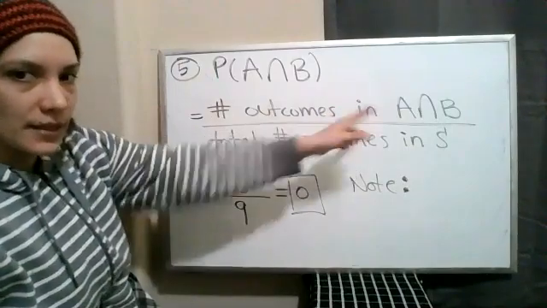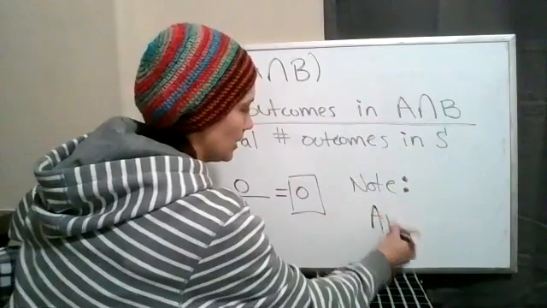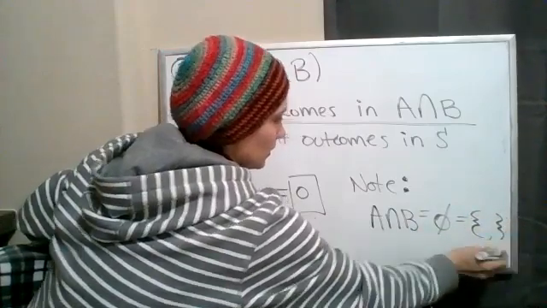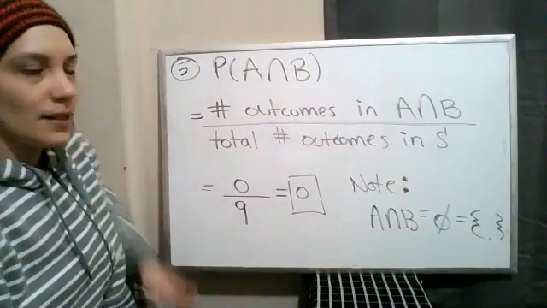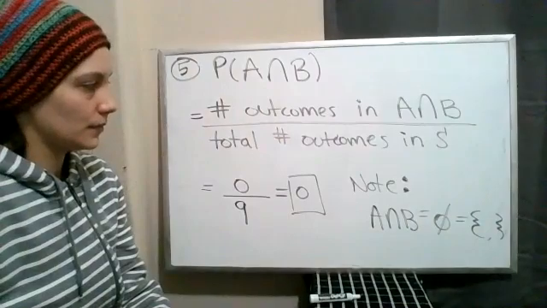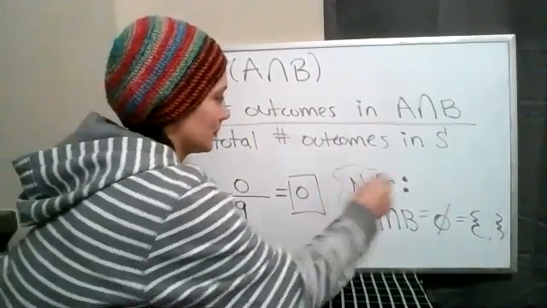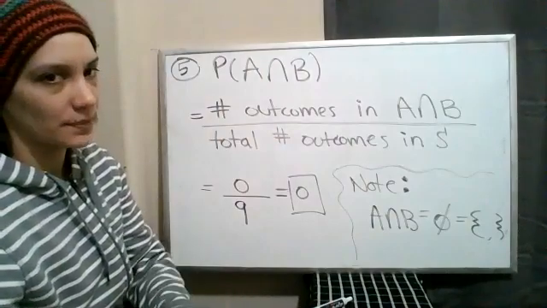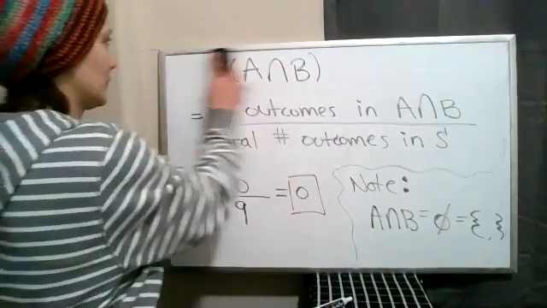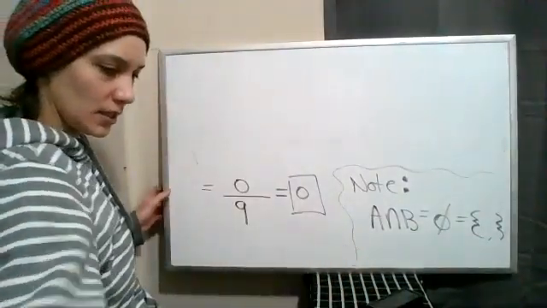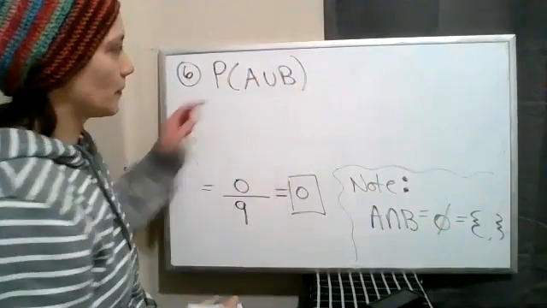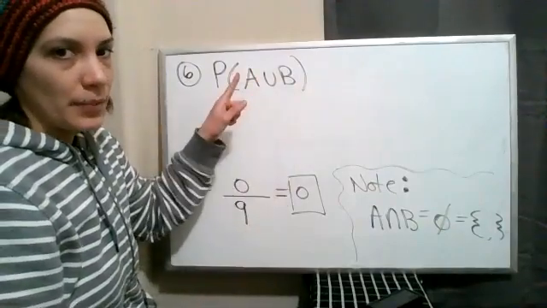We're going to write down what A intersect B is, just to make this clear. A intersect B is the empty set, which is the set that's just brackets. Okay. The last one is to find the probability of A union B. Number 6. So you could find the set A union B, but instead I'm going to use the rule.